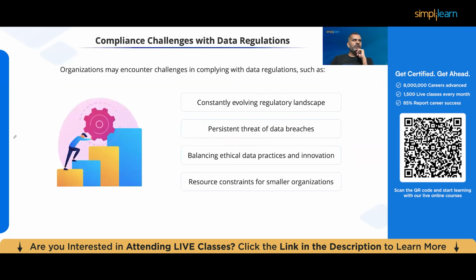Now, when we talk about the challenges, there are certain compliance challenges with data regulation. Although we have defined these frameworks and these laws, there are still certain challenges when we see the implementation of these rules and regulations in data organizations. Organizations may encounter challenges in complying with data regulations, such as a constantly evolving regulatory landscape, which means that whenever there is any incident, even though we have laws, you still can't stop crime.